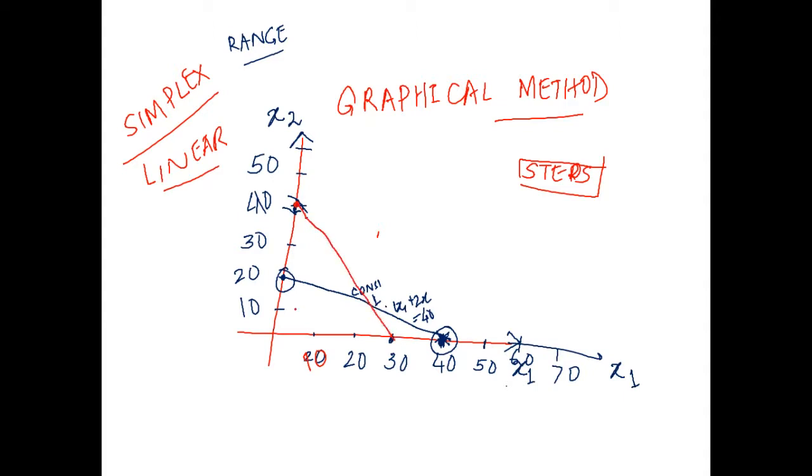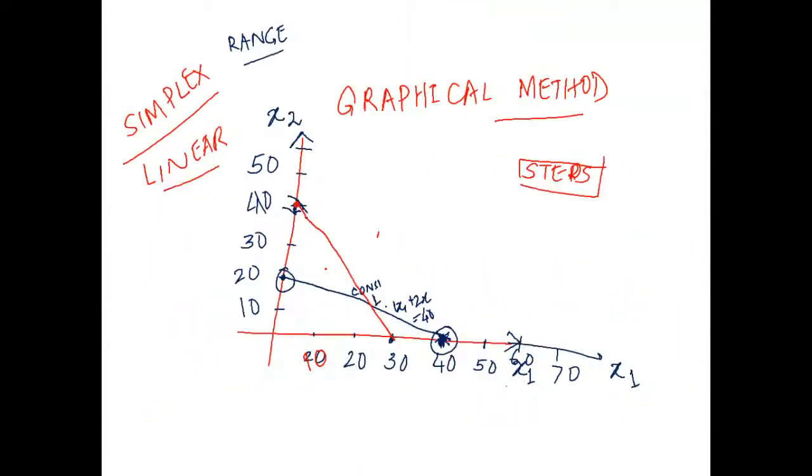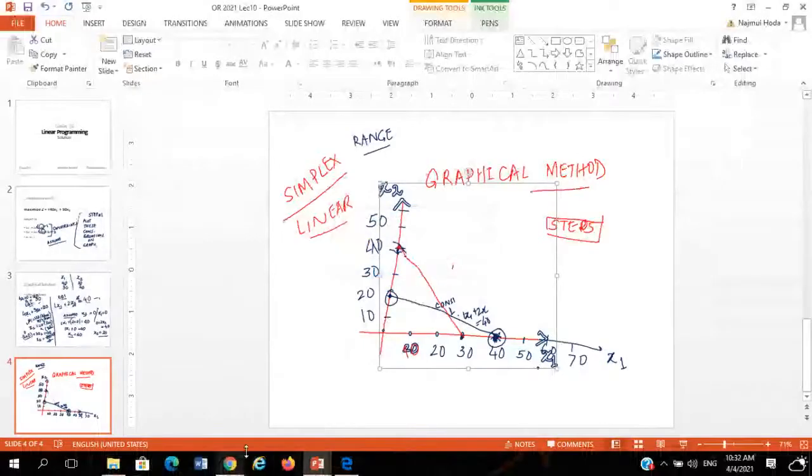Yes, so this is our second line, and this line is called equation number 2, and equation number 2 is 4x1 plus 3x2 is equal to 120. So we got something like this. Let's look in the book so that it's more clear there.